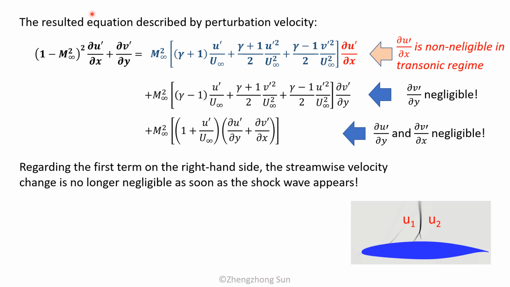So in this case, if U2 is larger than U1, which suggests there is a big horizontal gradient in streamwise velocity, we can't automatically say the first term can be eliminated for the transonic analysis. Okay.